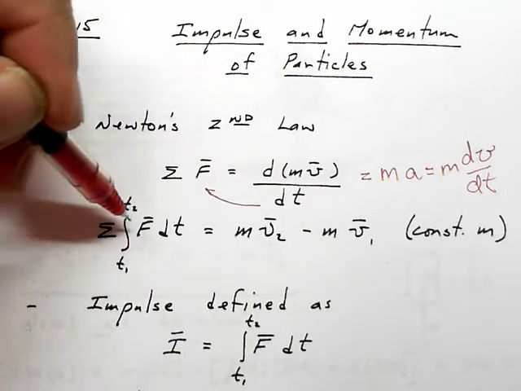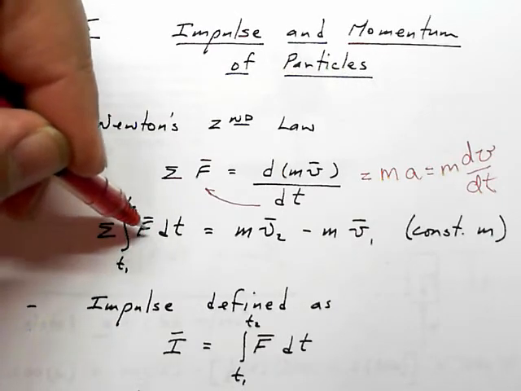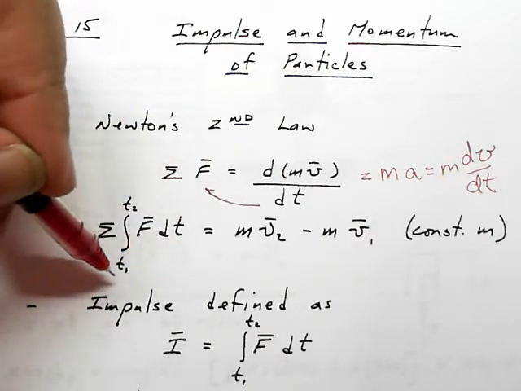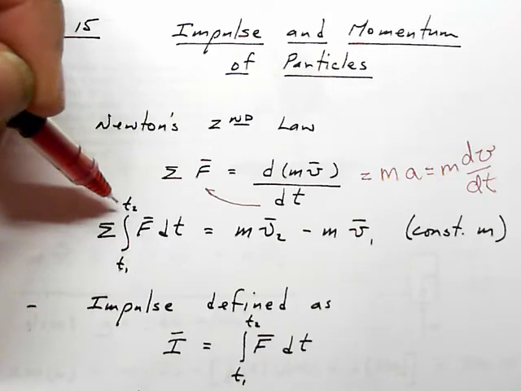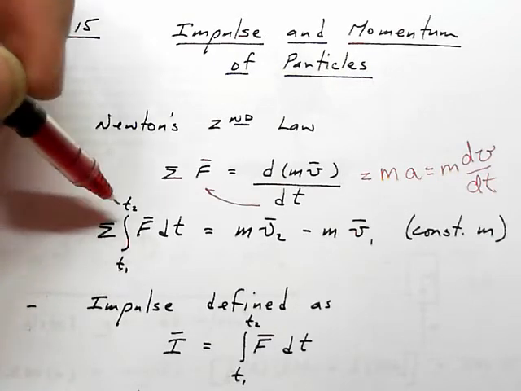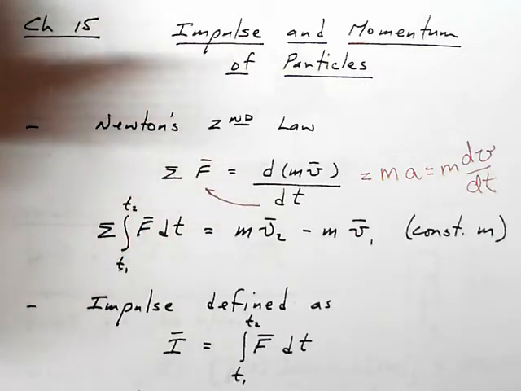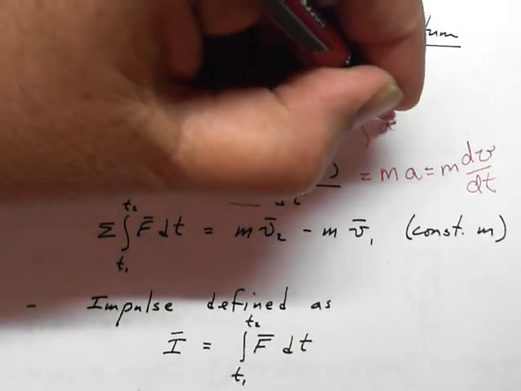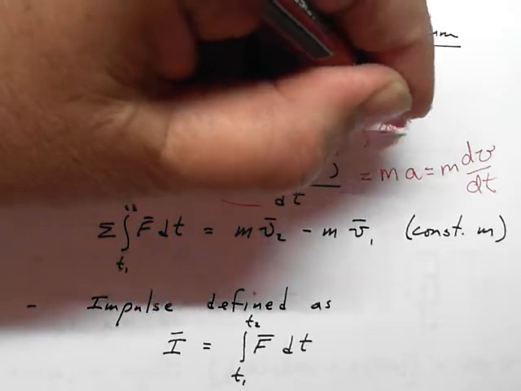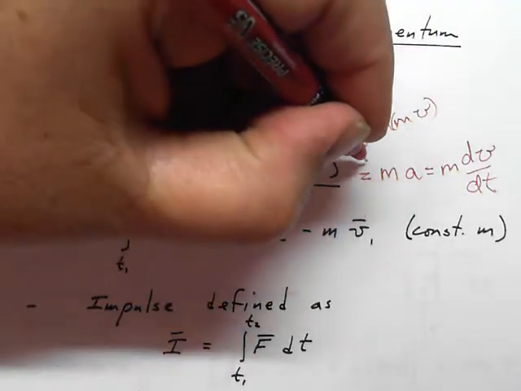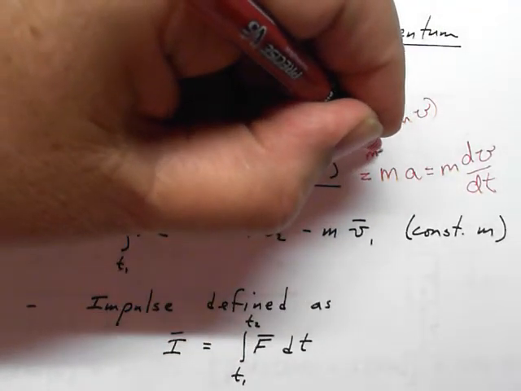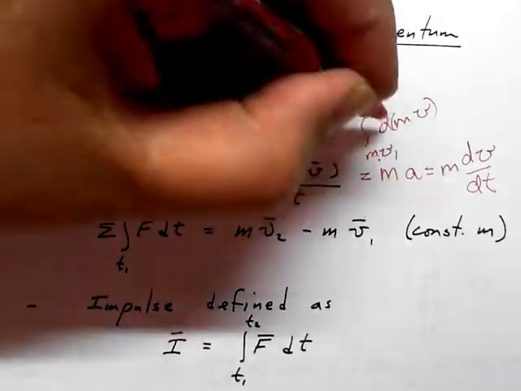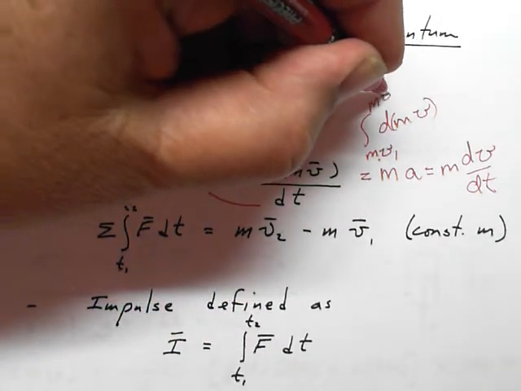On the left hand side we're integrating force vectors dt from a starting time to a final time with a summation, because we might have multiples. And on the right hand side we would be integrating d(mv), differential mv, from mv1 to mv2.